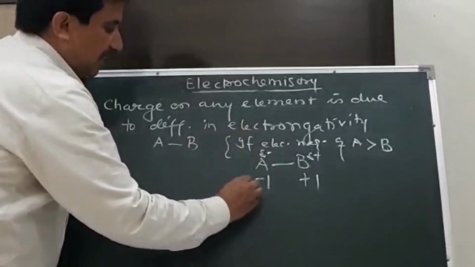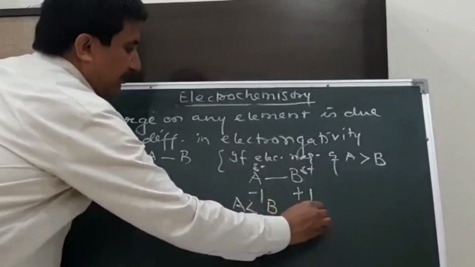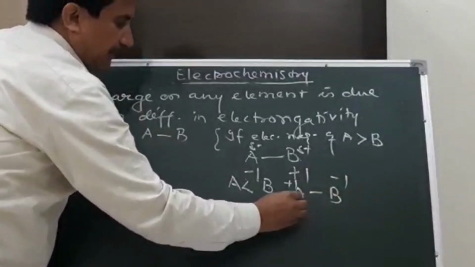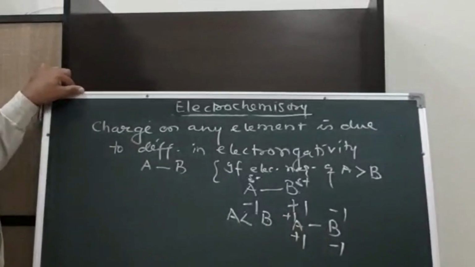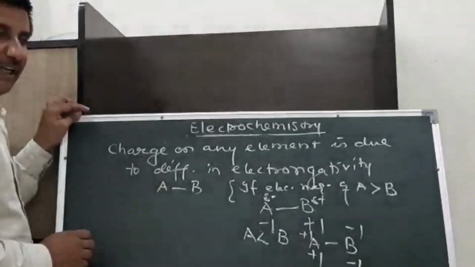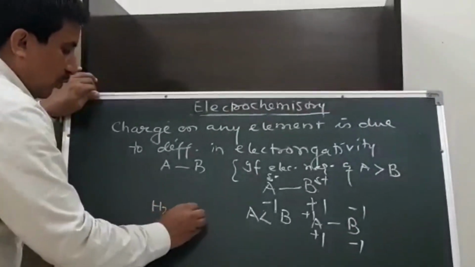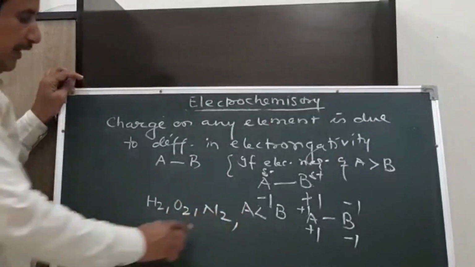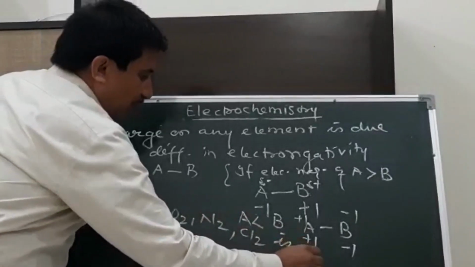Suppose if we reverse this, A is having less electronegativity than B, then A is having +1 and B is having -1. So it is having +1 and it is having -1 as oxidation number. But the oxidation number in the elemental state of elements like H2, O2, N2, Cl2 is 0.